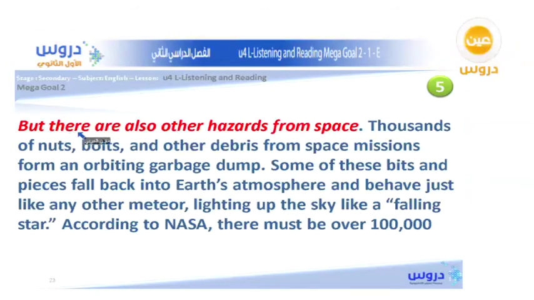So not only should we be concerned about asteroids, but also about bolts and, to put it in other words, leftovers from those space missions orbiting our solar system. This is really threatening as well, and NASA gave a very shocking number of those. They said it could be more than 100,000.